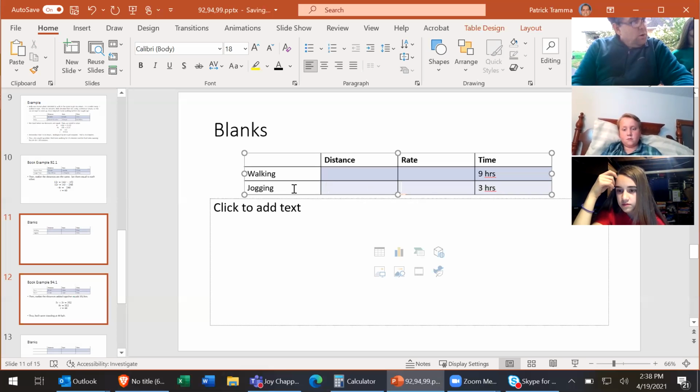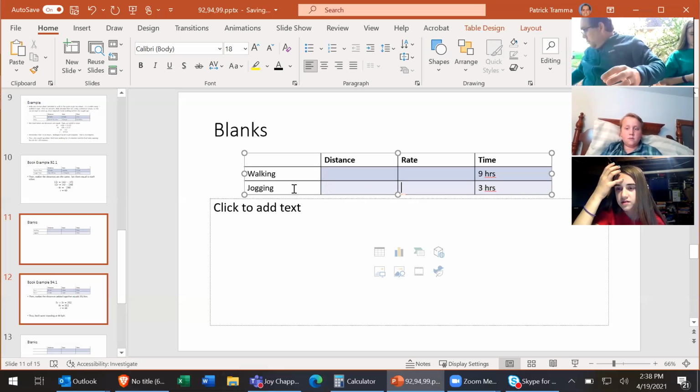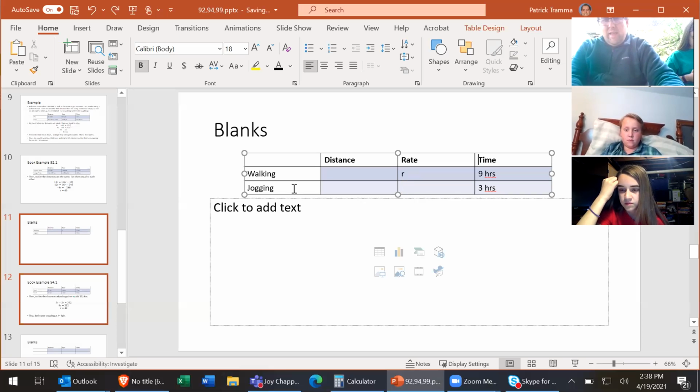It's saying they jogged 4 miles an hour faster than they walked. We don't know how fast they walked, so let's just do an R there for walking. Now, how would you write 4 miles an hour faster than how fast they walked?